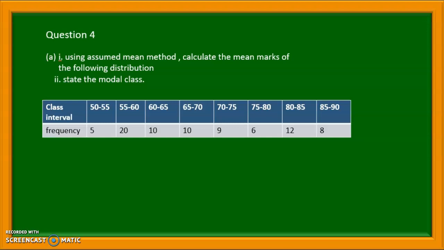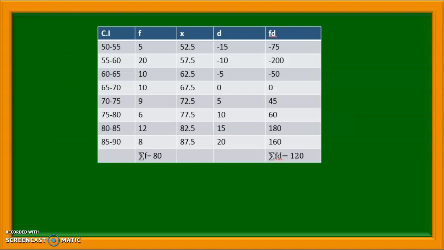For finding the mean using the assumed mean method, we need to make the columns here. How many columns are needed? We need 5. Class interval and frequency are both given. Now we need to calculate xi, d, and f into d. xi is nothing but the upper limit plus the lower limit divided by 2.